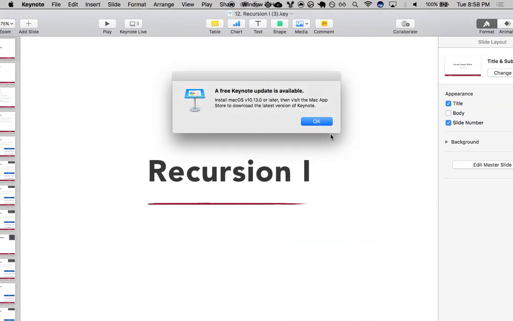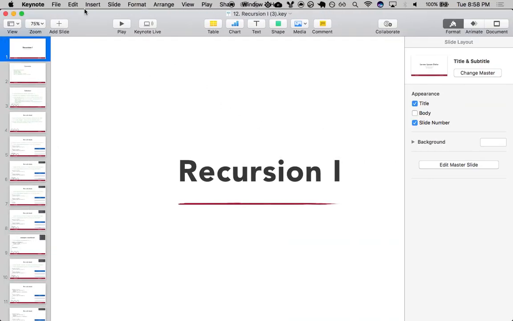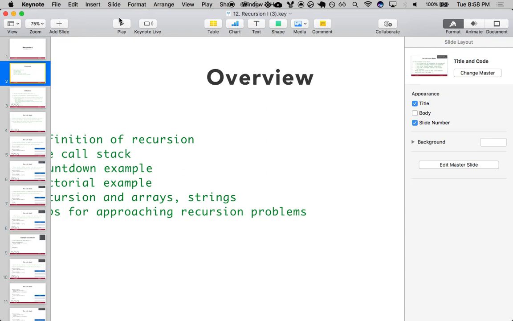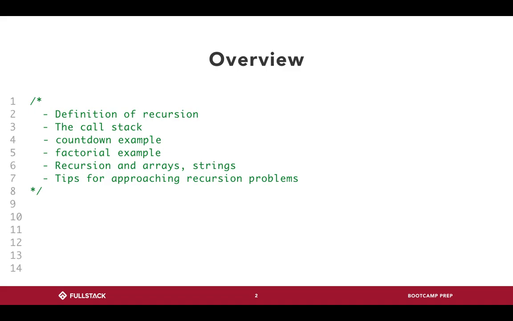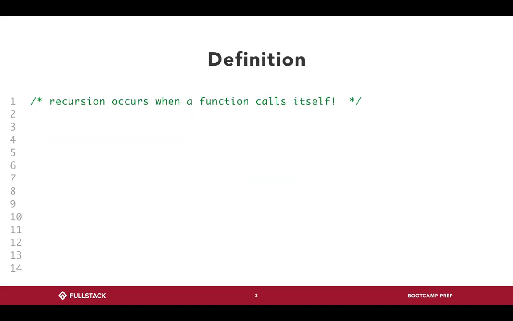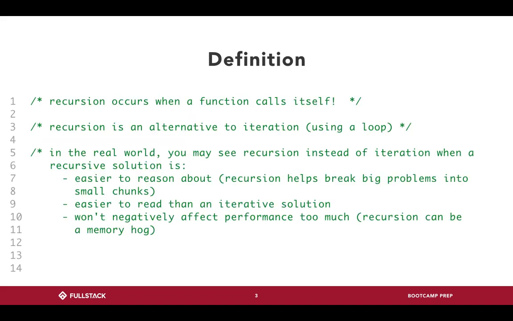Okay, I think we'll just break to workshop, but let's take quick glances and see if there was anything in here. So generally, you see recursion instead of iteration only when recursion is actually easier to reason about. We saw that recursion can get pretty complex.